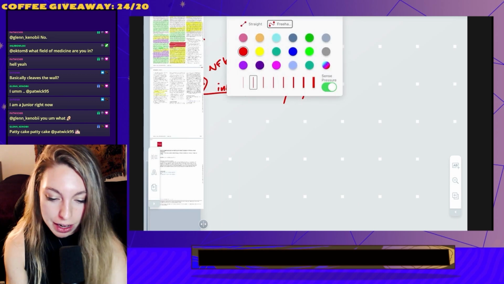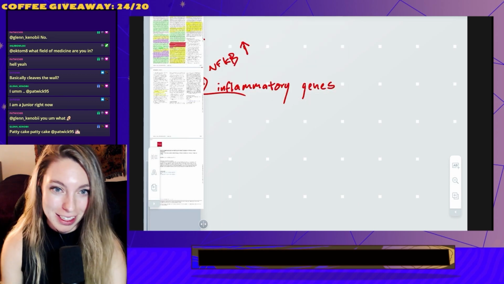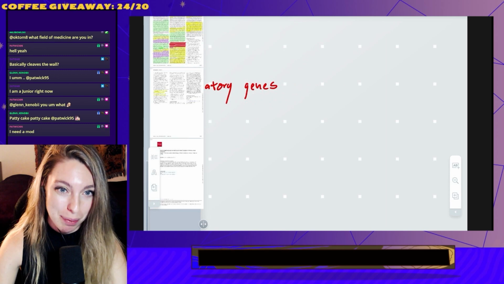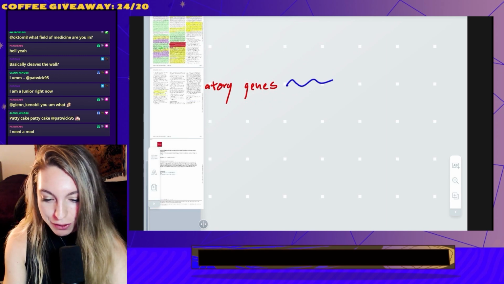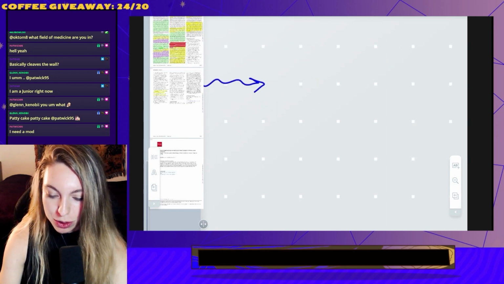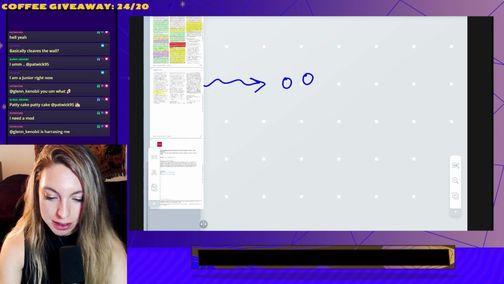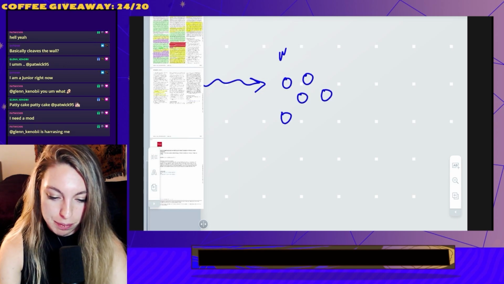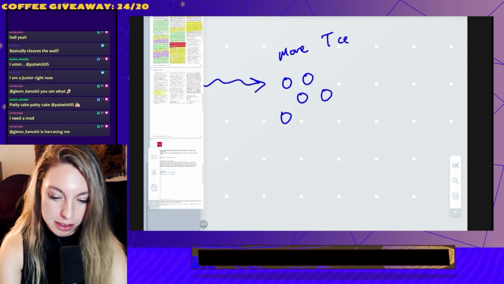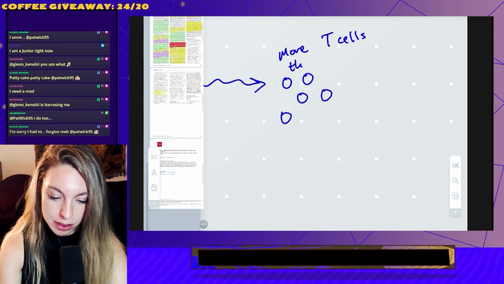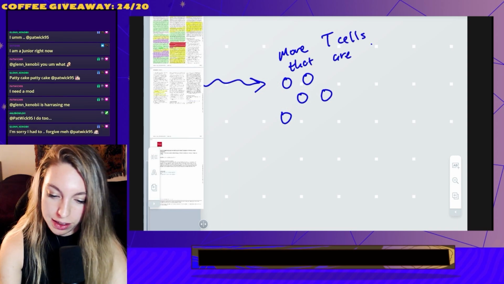And then somehow, in an unknown mechanism that they haven't figured out yet, which might be paper number 2, they find that this results in more T cells that are cancer specific.